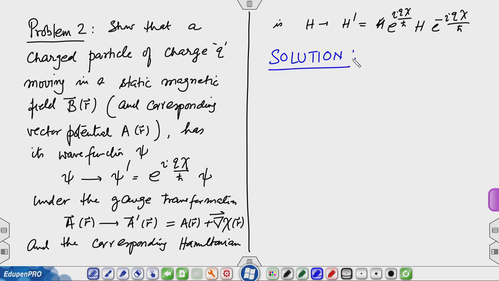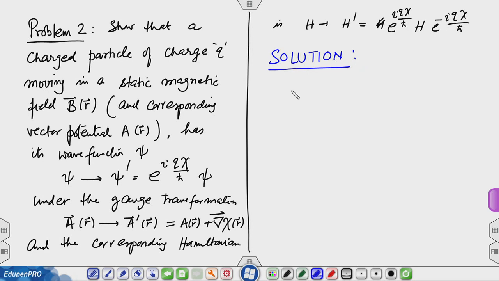Before I give the solution, let me just tell you what we are doing here. If there is a charged particle moving in a magnetic field and it has a certain Hamiltonian, wave function, and eigenvalues, and I make a gauge transformation, the system should not really change. The energy eigenvalues should remain the same, and under those transformations we want to show that the wave function and the Hamiltonian change like this.